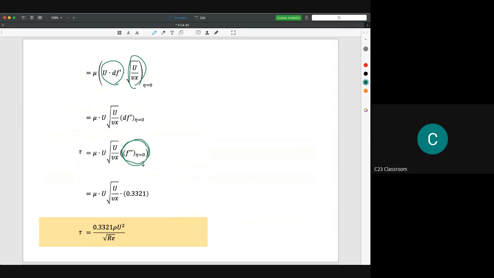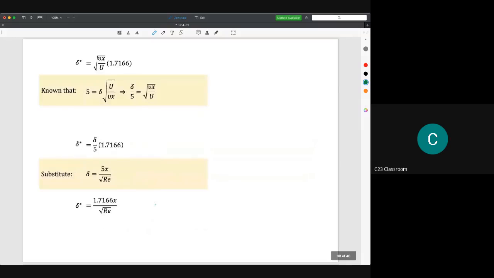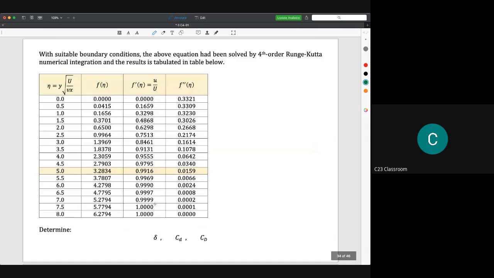Here again, we take the value from our table. If you see this table, you will find that f prime at eta equal to 0 is 0.3321.